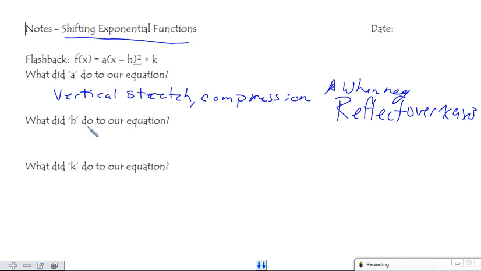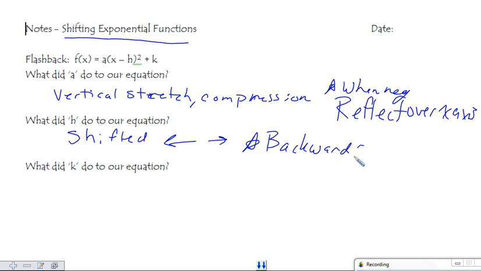Okay, H was the one that shifted left and right, and remember that this one was backwards, because Miss Holly is definitely backwards. And then K was the one that shifted up and down.